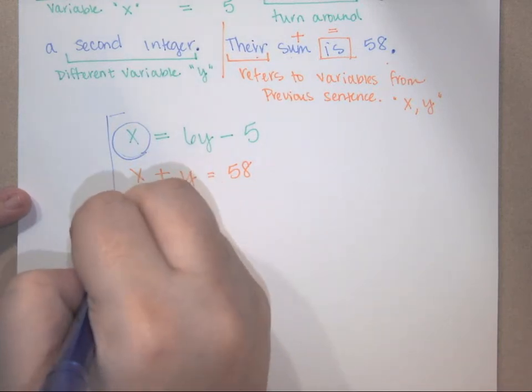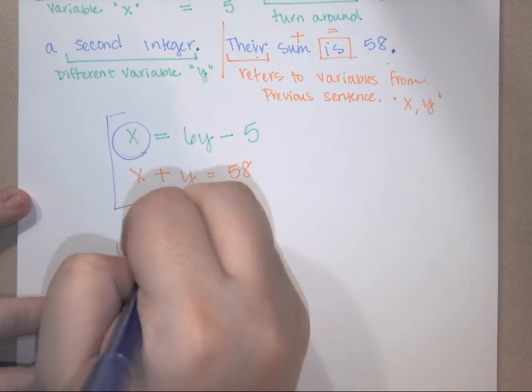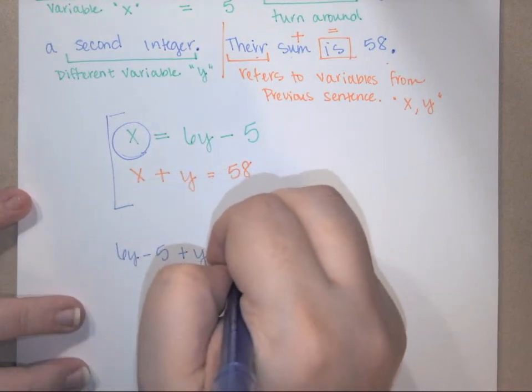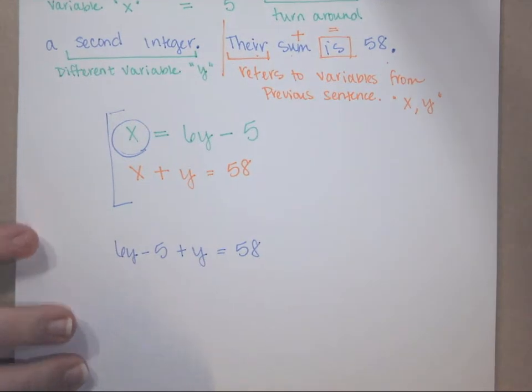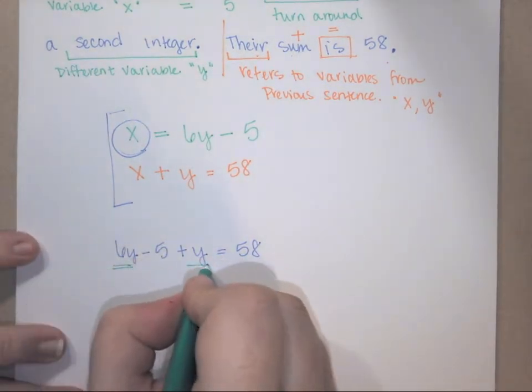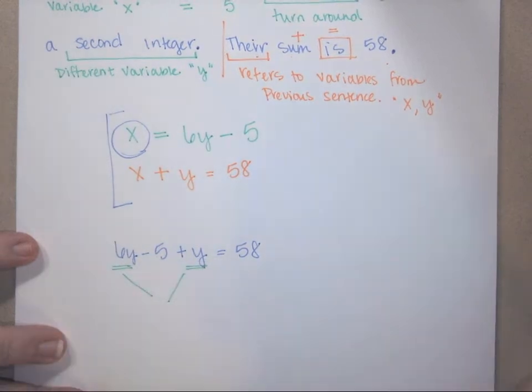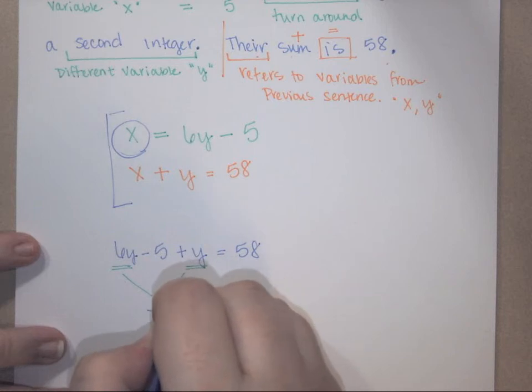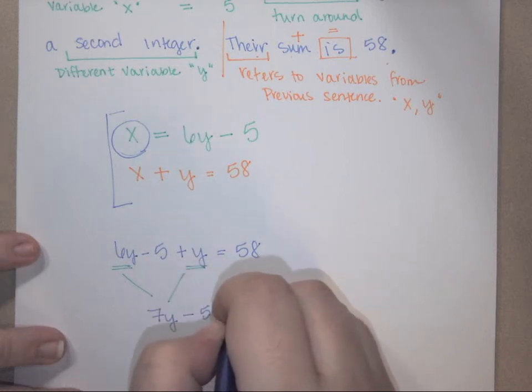I can say 6y minus 5 plus y is equal to 58. I can take my two variables and combine them, which gives me 7y minus 5 equals 58.